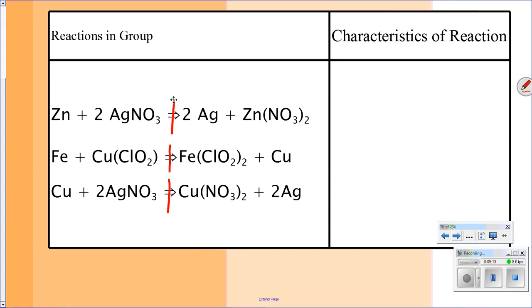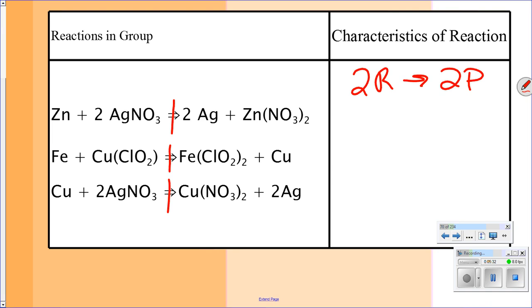Group 4, a little less straightforward. We kind of divide all these down the middle. In all these cases, we have 2 reactants and 2 products. Now, these don't have a whole lot in common in terms of a specific element. So we can't say, oh, these do all happen to have oxygen. It's kind of a bad example.